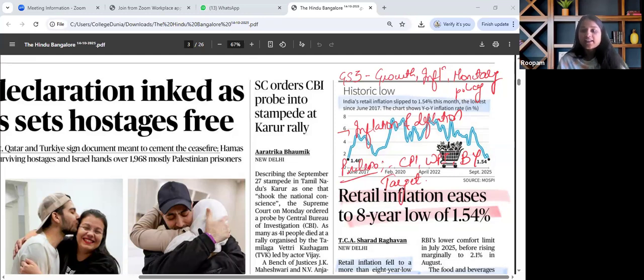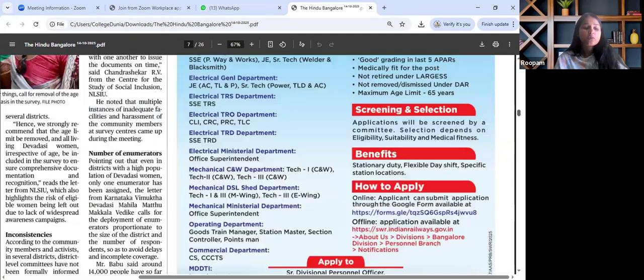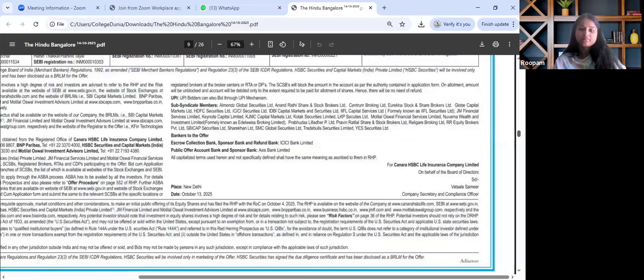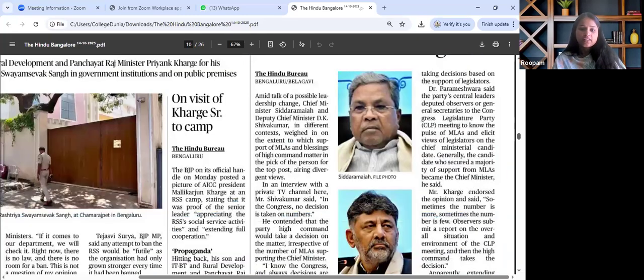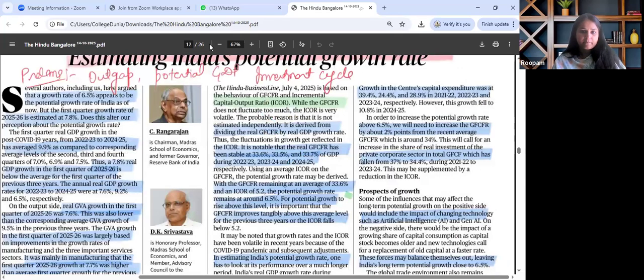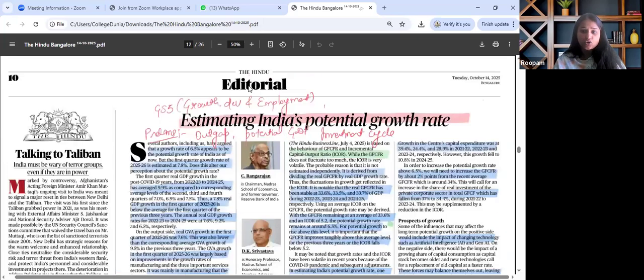The next important article is on the editorial page, and it majorly talks about India's potential economic growth, estimating India's potential growth rate.